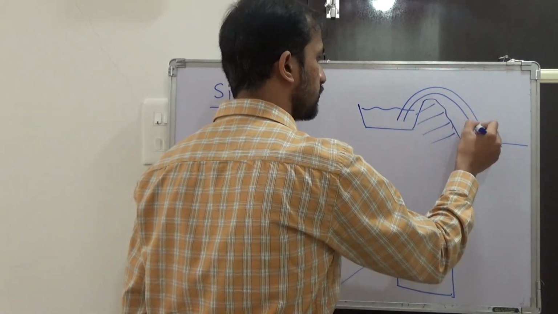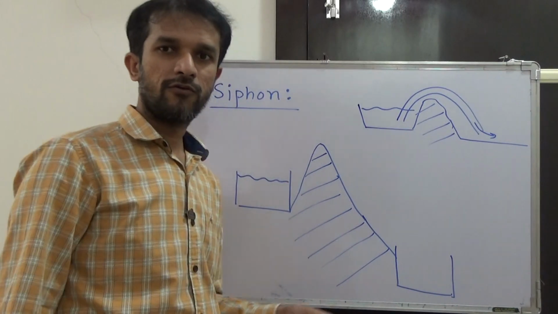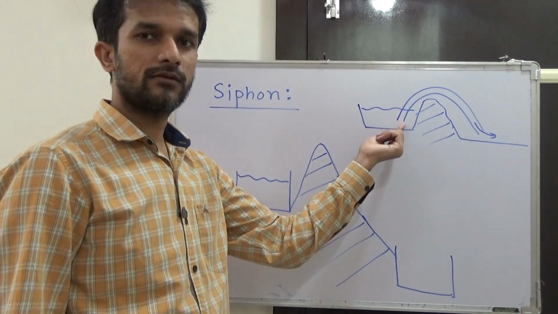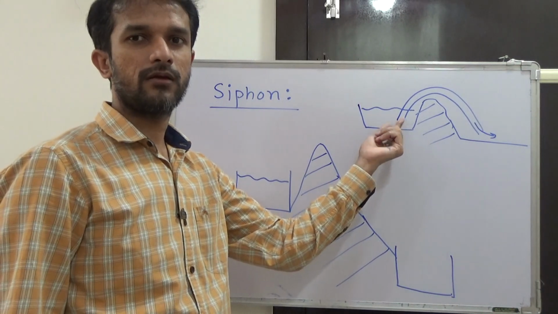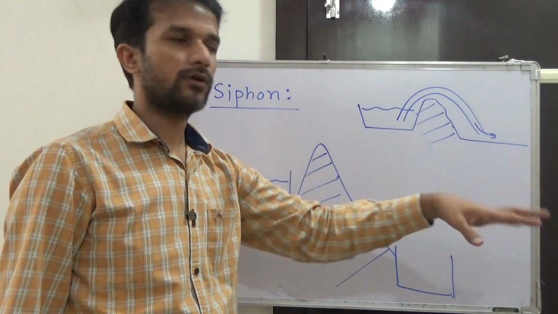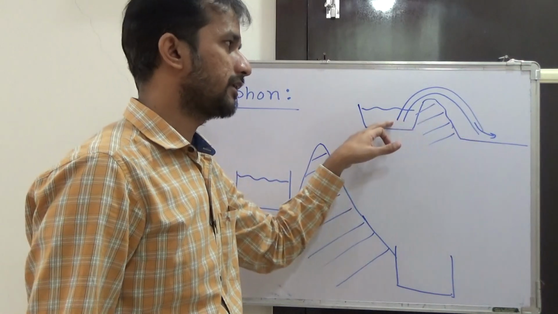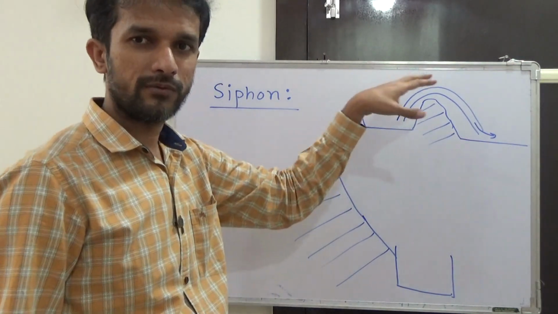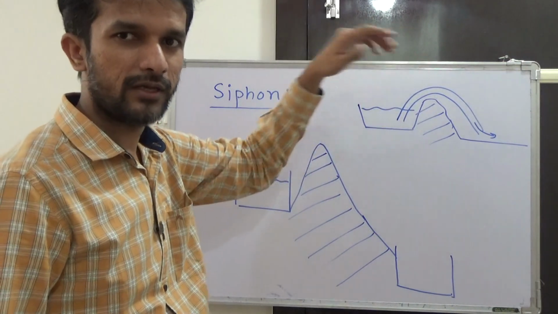The water starts flowing from here to here. How does it happen? Firstly, they fill that tube completely with water and just dip one end of the tube here. Automatically water will start flowing. The condition is that this level should be lower than the water level. Now this is nothing but a siphon. This is the farming application.